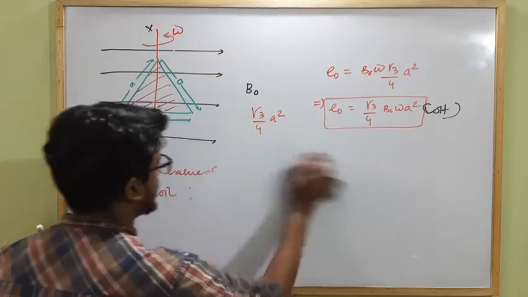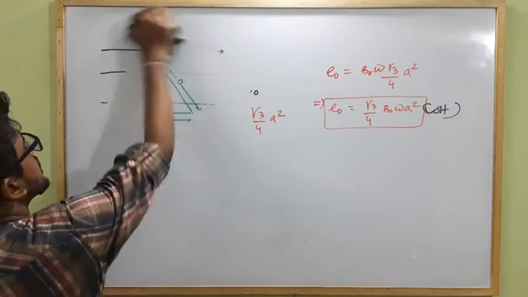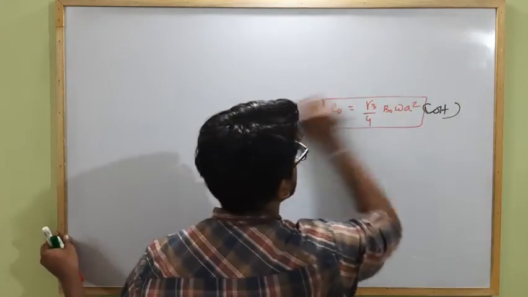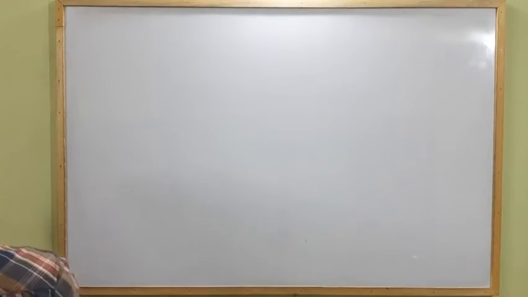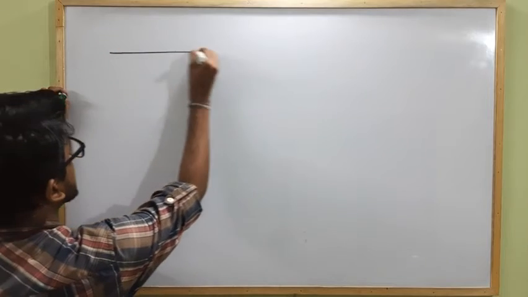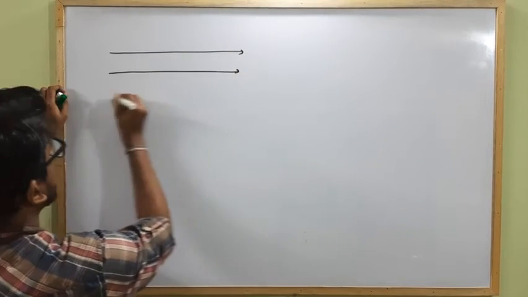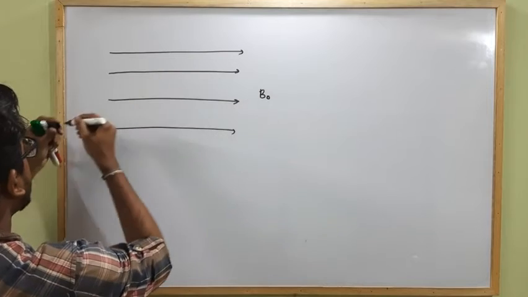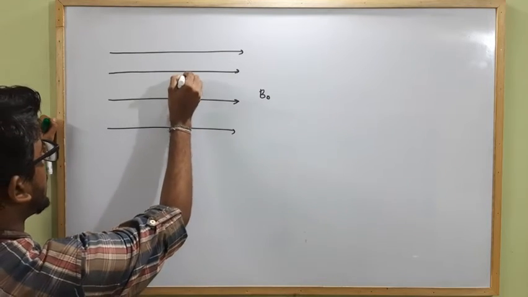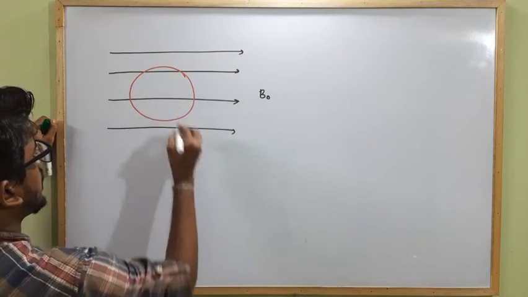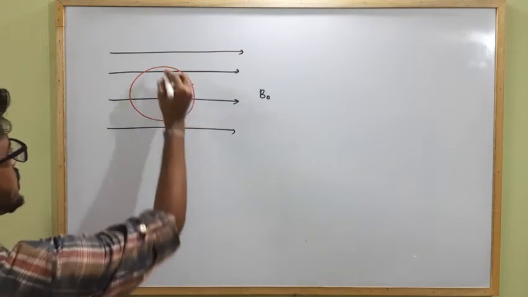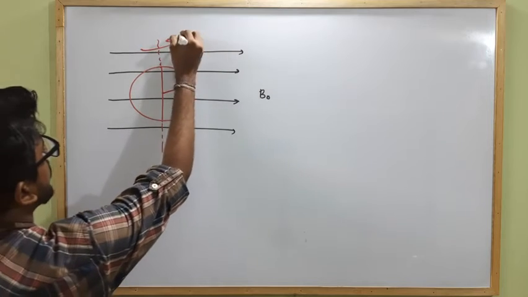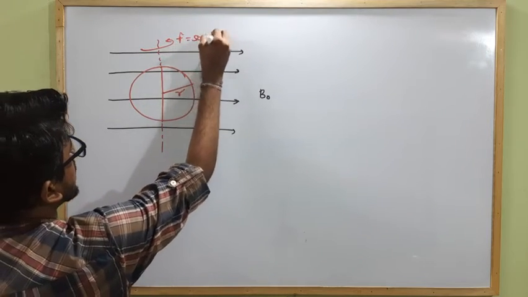So next, same as the previous question, there is an external magnetic field having strength B naught, in which a circular coil of radius small r is rotating about its diameter, and frequency is given as 50 hertz.